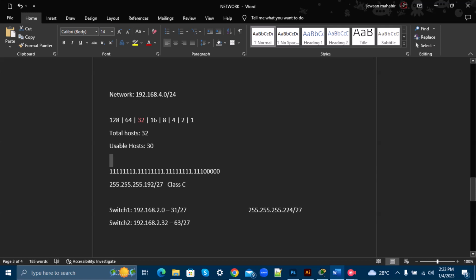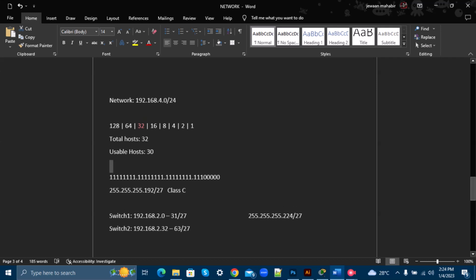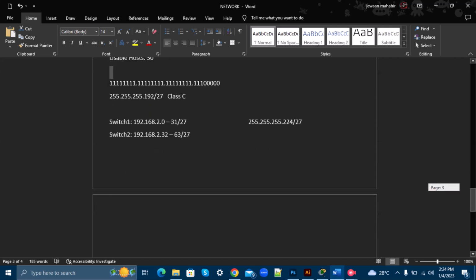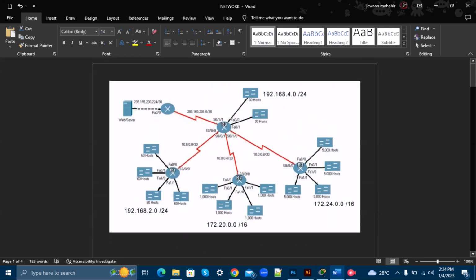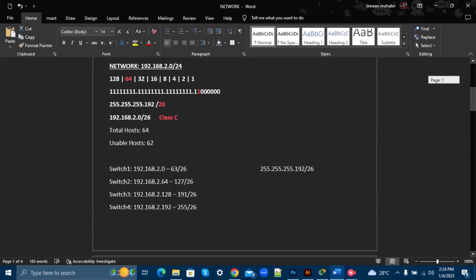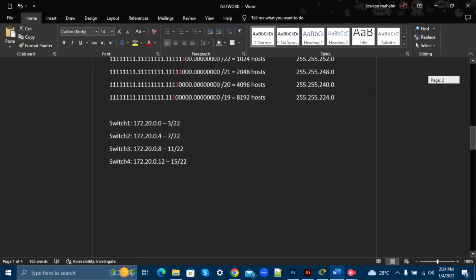As we mentioned earlier, again, all addresses in between are going to be our usable hosts. As you can see, this is a class C network according to the subnet mask, and basically that is how you subnet this entire network here.